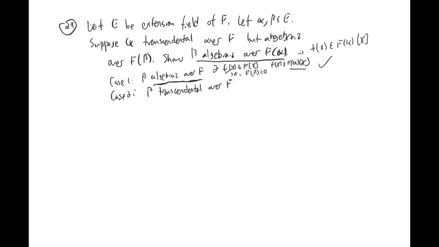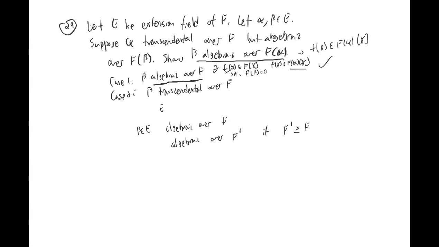In general, let's take E. If beta in E is algebraic over a field F, then it's algebraic over F prime if F prime is bigger than F. That's always the case.